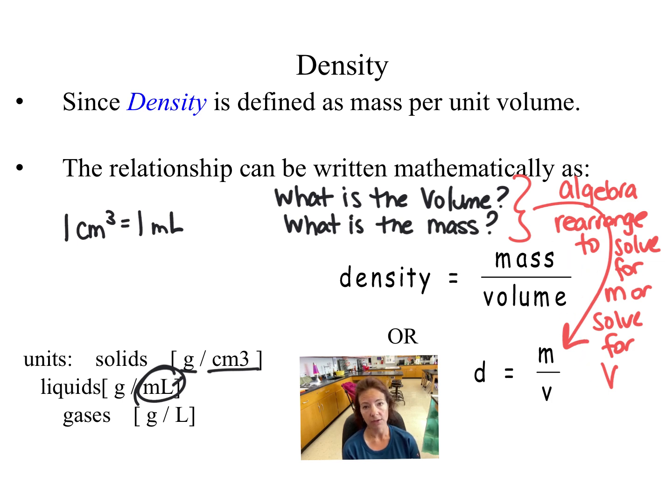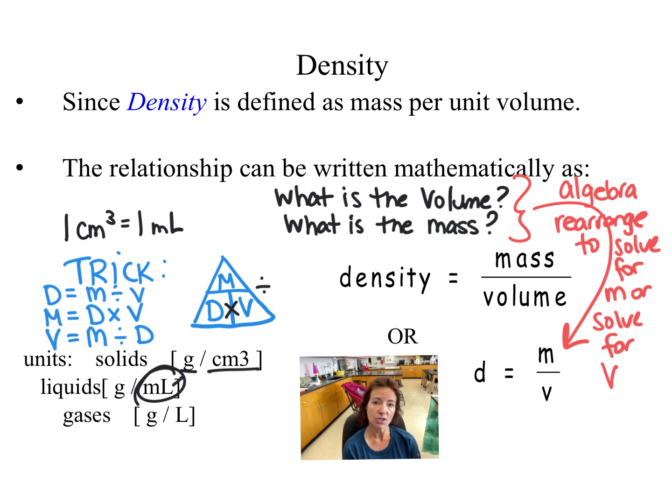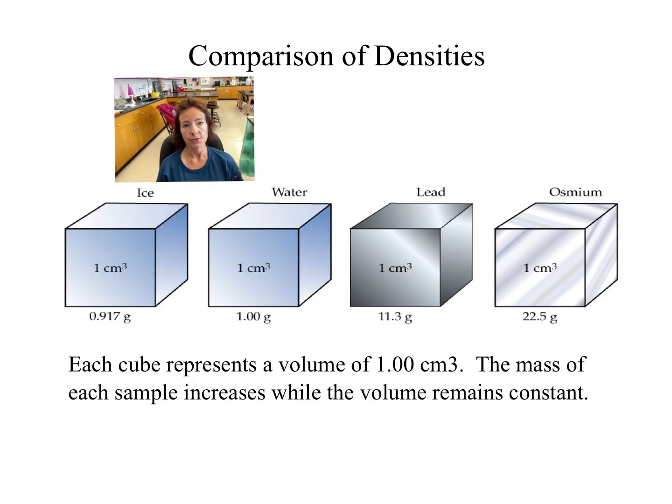You can use a triangle where it goes D, M, V. The D is equal to mass divided by volume, and then you can see here in the triangle that if I want to find mass, I would do mass is equal to density times volume, and then if I wanted to find the volume, I could look at this triangle and go, okay, volume is mass divided by density. So you can do the algebra to rearrange the equation, or you can use the little triangle as kind of a little trick.